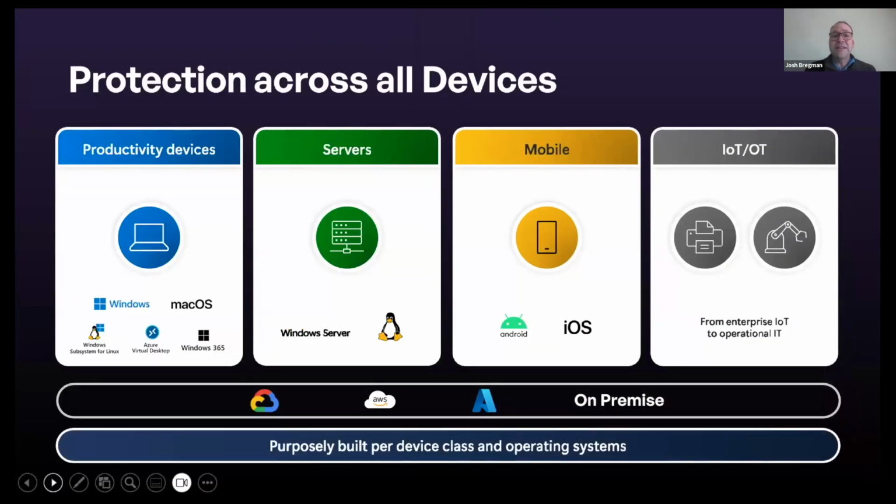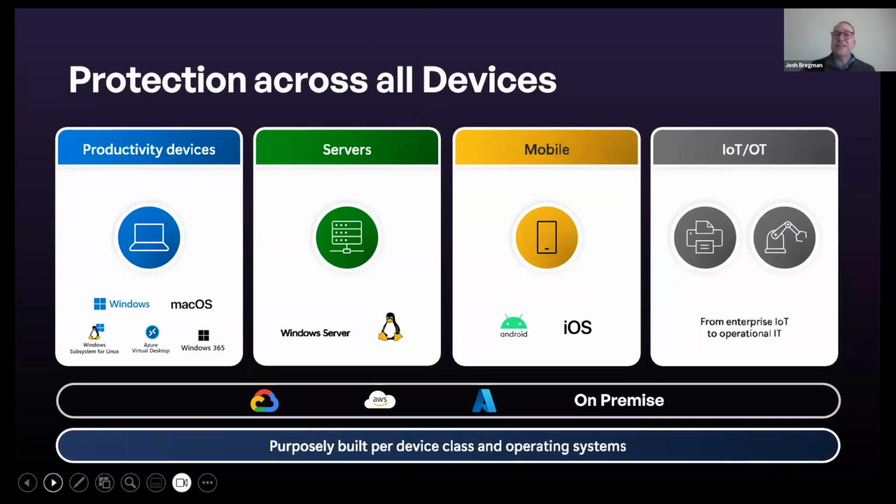When we say protecting devices end-to-end, Defender for Endpoint spans devices for end users, servers, mobile, OT, and IoT. As the threats against each device type and platform vary significantly, we purpose-built protections per device class and operating system. How you would secure a Windows laptop for an office worker differs significantly from a Linux server for a healthcare facility.